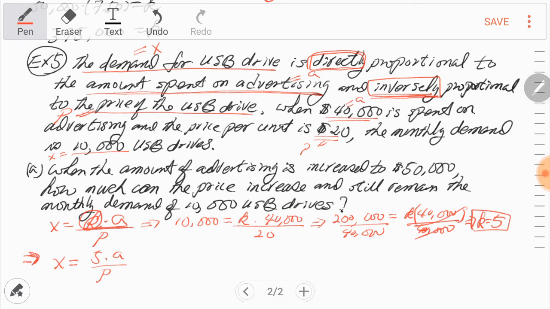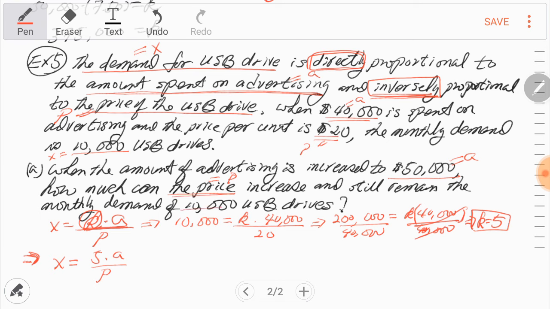So from here, let's answer the question. Okay, when the amount of advertising is increased to 50,000, so 50,000 is the A value. Okay, how much can the price increase? So we want to find P. Price increase. And still remains the monthly demand is 10,000.